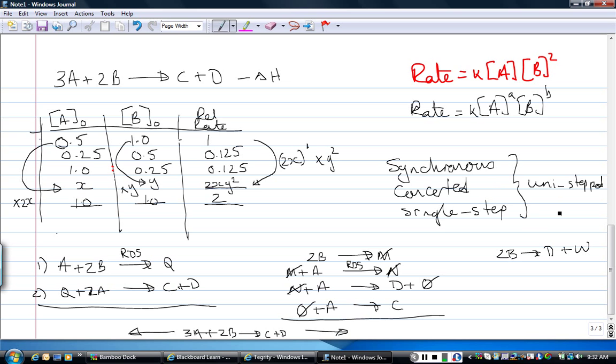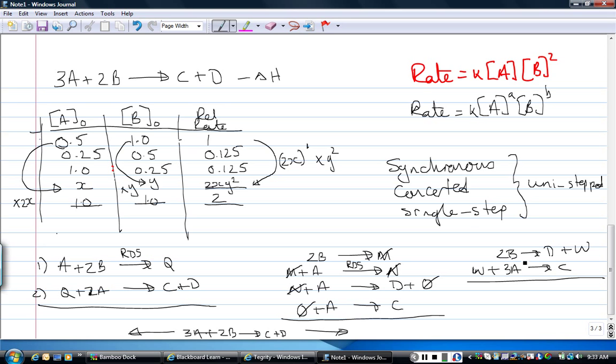So I could not have written this mechanism, 2 B's give rise to D, and then W reacts with, say, 3 A's to give C. This mechanism is wrong on many fronts. One, we are making a product without the appearance of both reagents. Wrong. Two, the second step has a molecularity of 4. Wrong.